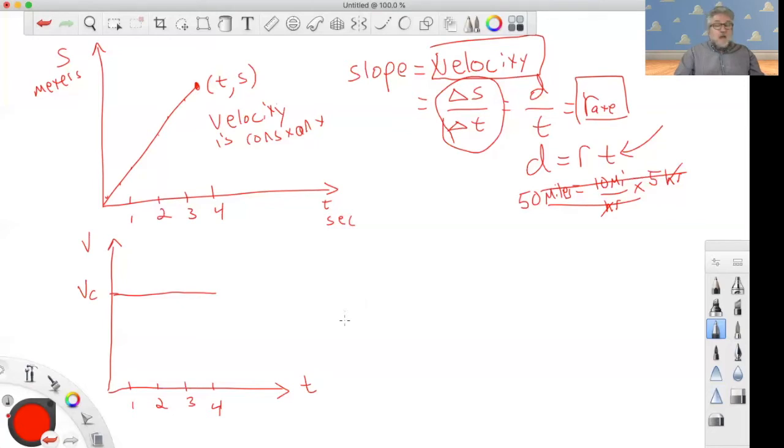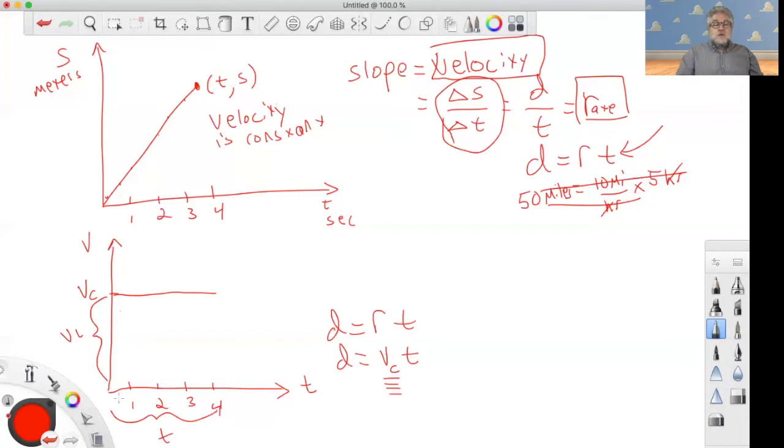Okay? And if I look at my equation, distance equals rate times time, and the rate is the velocity, that, oh, wait a minute, v is this distance, and t, that's from 0 to 4.